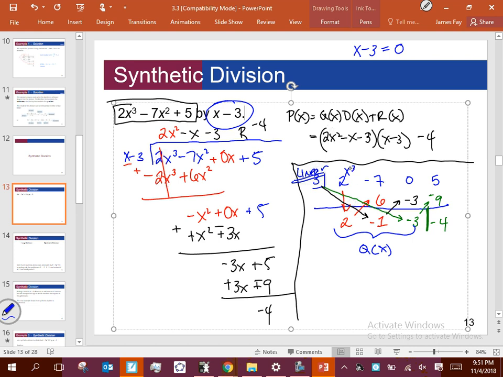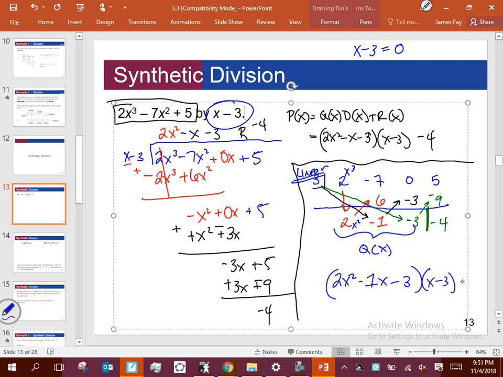So 2x cubed divided by a linear term is going to depreciate to an x squared. So my quotient is 2x squared, and these will all be in descending order: 2x squared minus 1x minus 3. And then my remainder is negative 4.